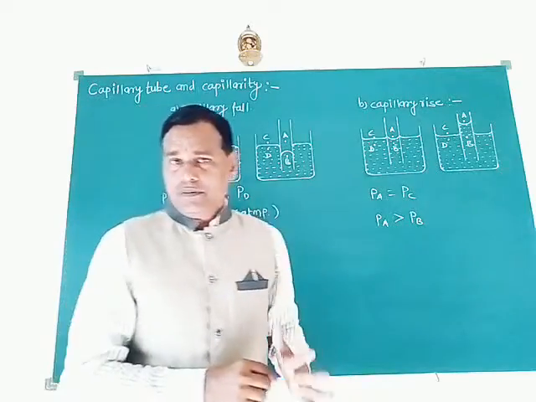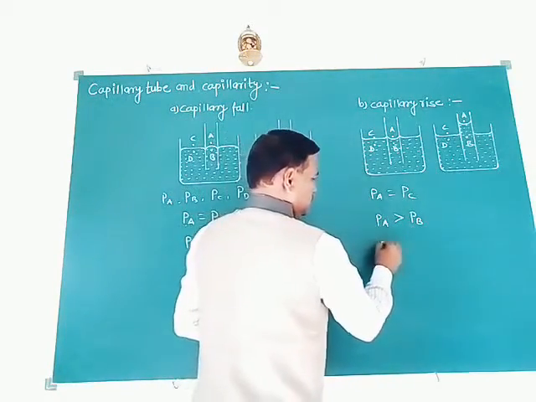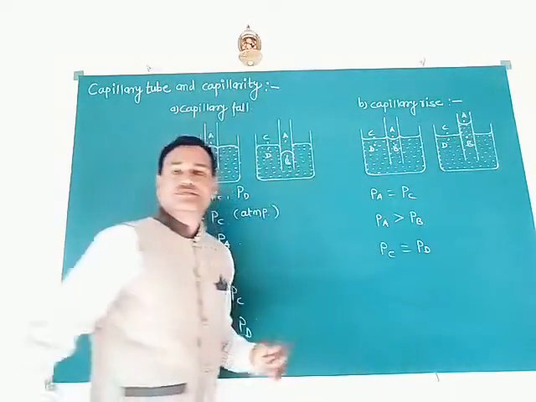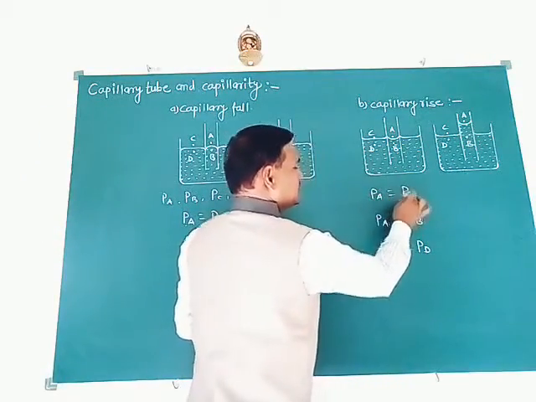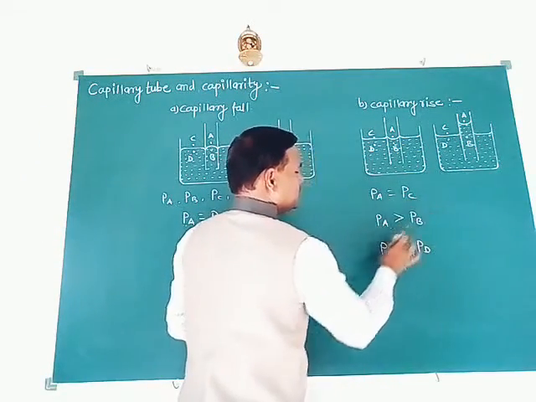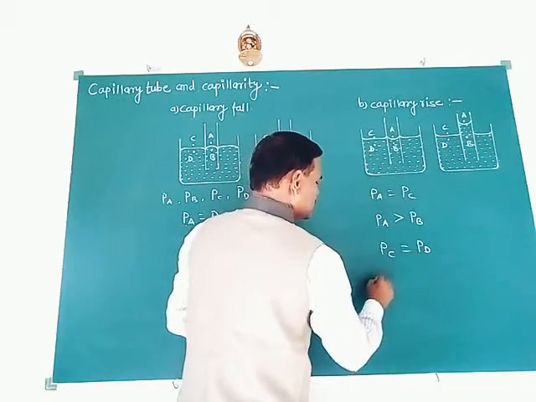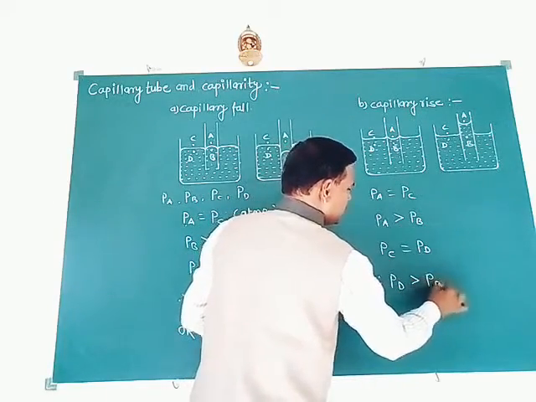So in a curved surface of liquid, pressure on the concave side is greater. Also PC is equal to PD. So PA equals PC, PA is greater than PB and PC equals PD. So instead of PA we can write PD. So finally PD is greater than PB.